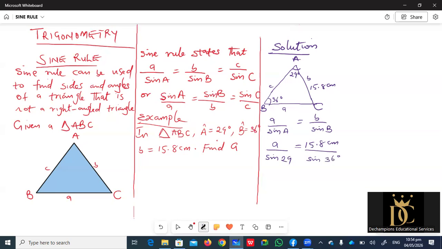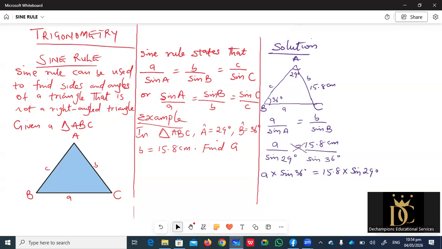Now we can cross multiply. When we cross multiply, we have a times sine 36 degrees is equal to 15.8 times sine 29 degrees.